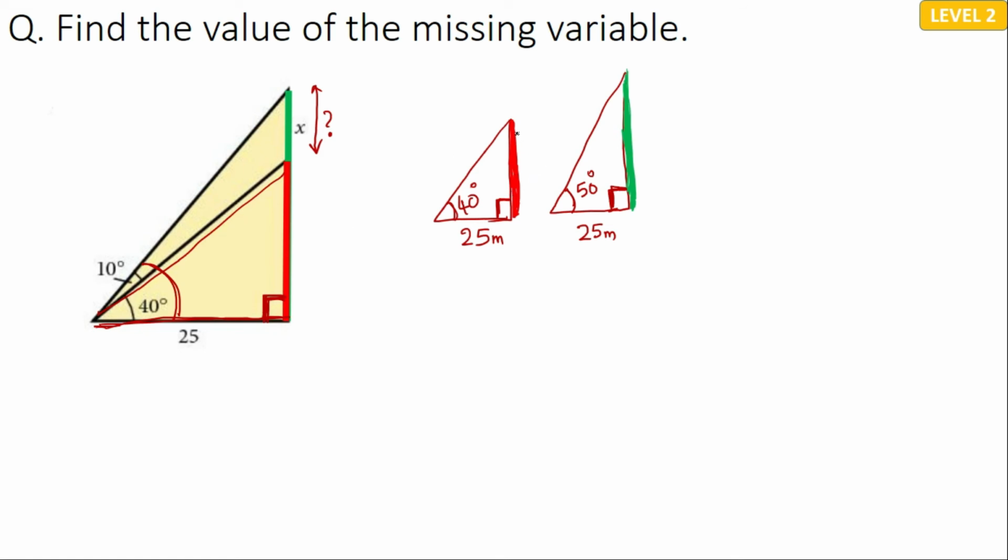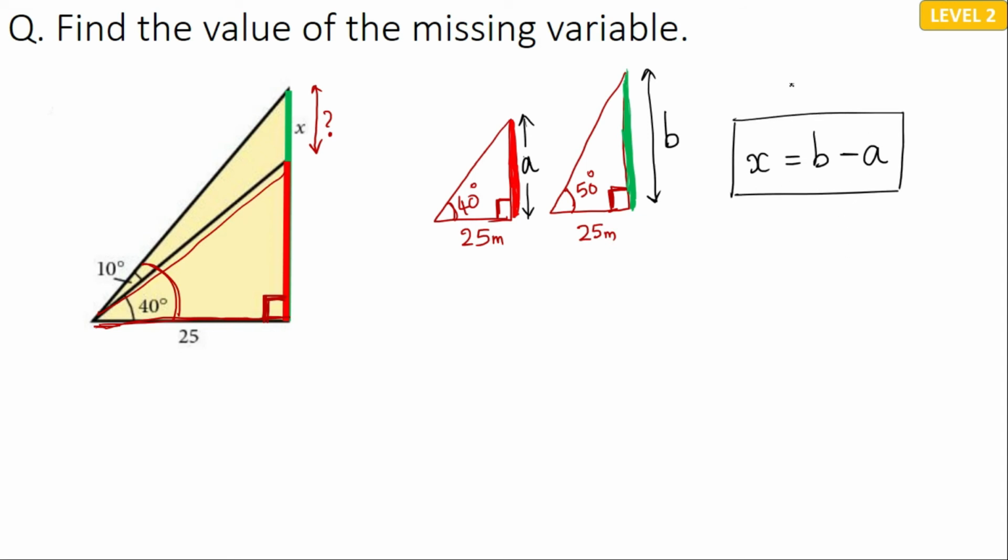So I will be marking the smaller one as A, let this length be A, and this length be B. So X is going to be B minus A. So B is my green line, from which I'm going to subtract the length of the red, which is A. So if you're able to figure out this equation, you have the answer.